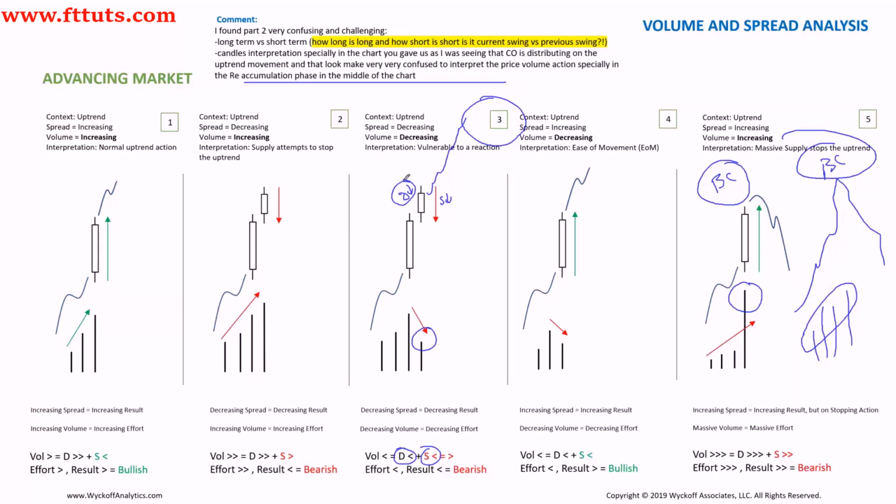Diminishing demand, saying that there are no more buyers, and therefore if the quality of the demand goes down even more, then even diminishing supply could produce some kind of reaction. So you have to think about both of the scenarios at this spot, and then you have to test it. So you have to see what comes next.